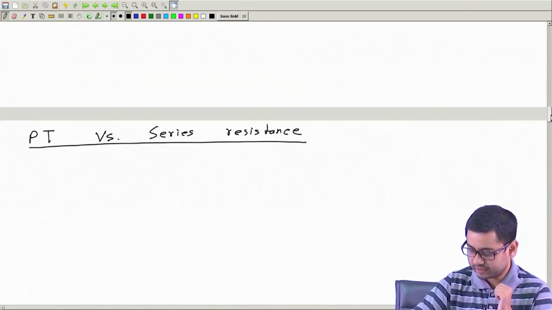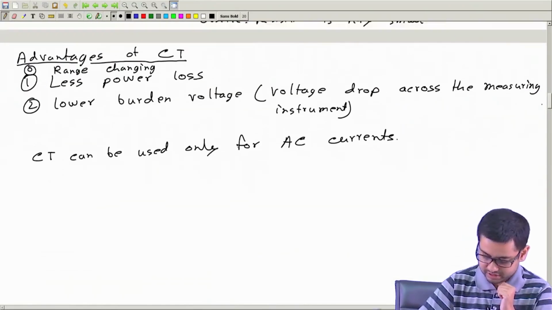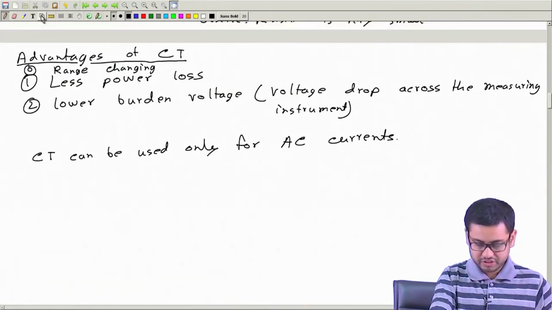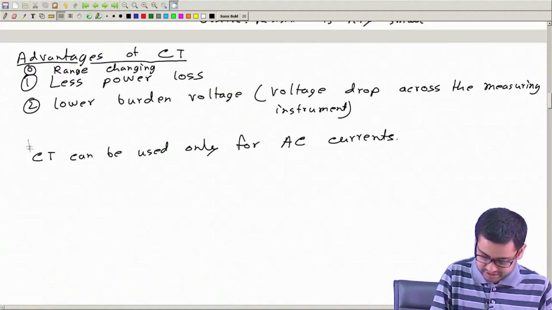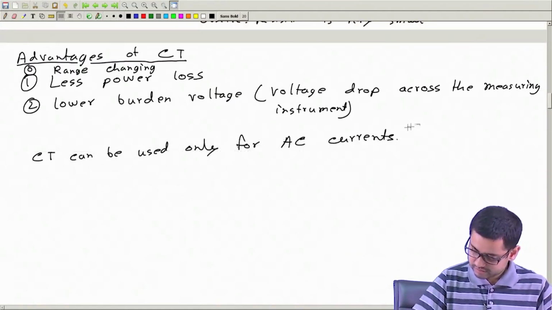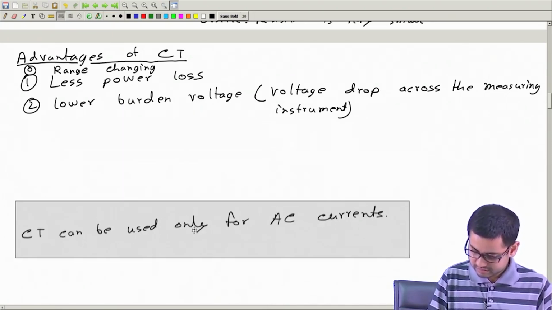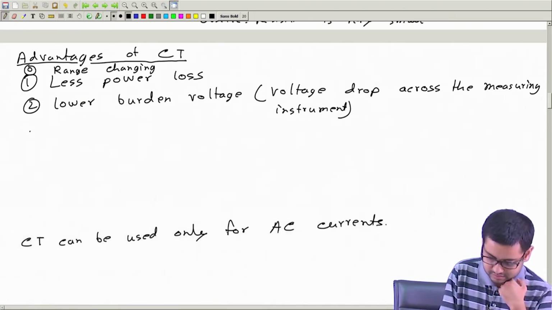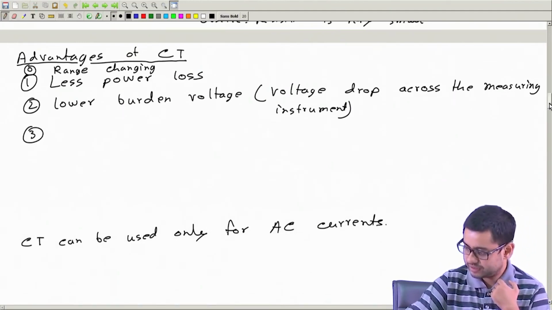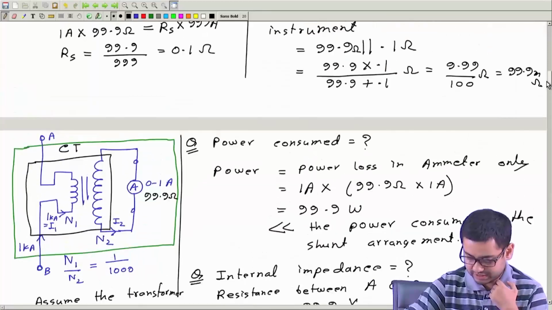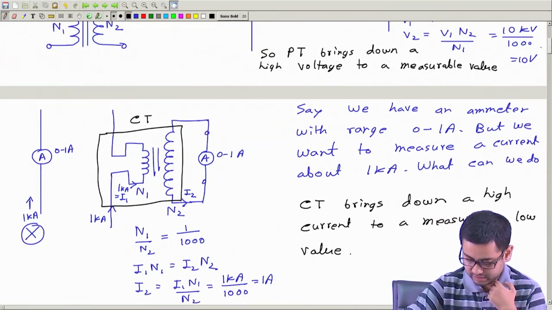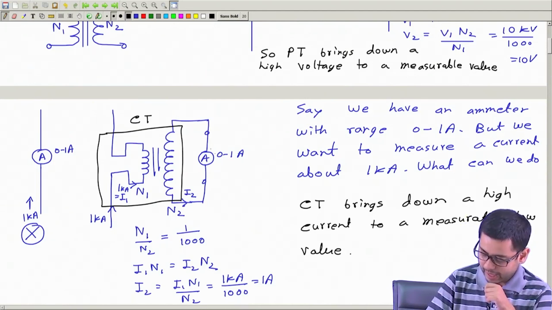Okay, let me before that mention another small advantage, which is about CT. So with CT, this is how we use current transformer. The ammeter is connected across the secondary of this transformer.